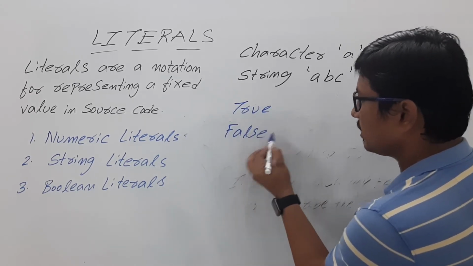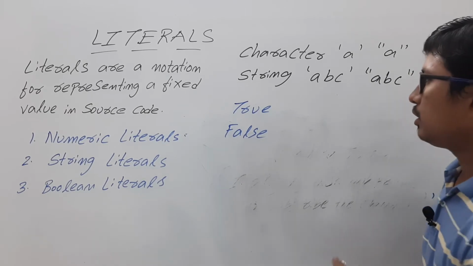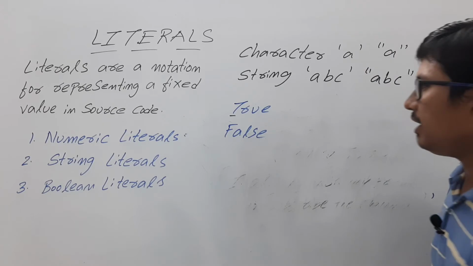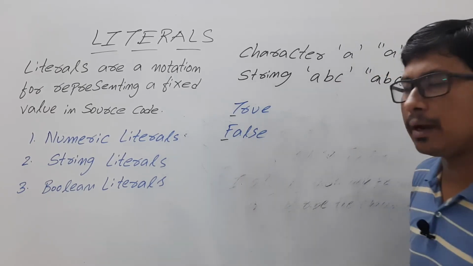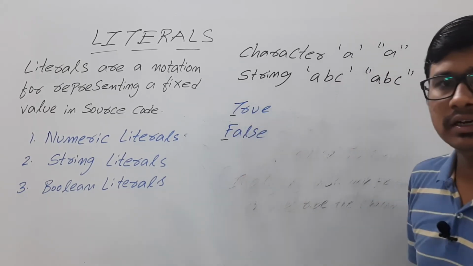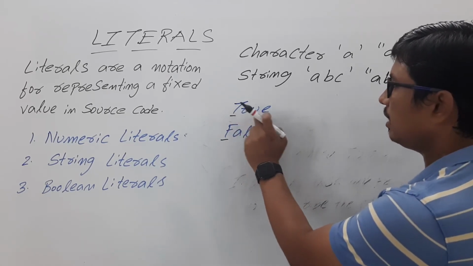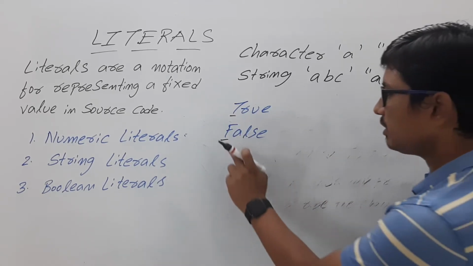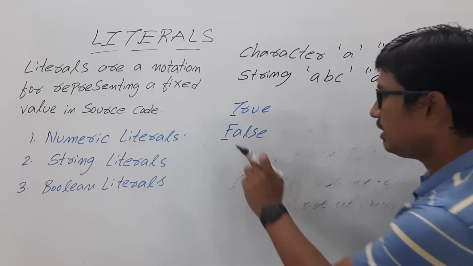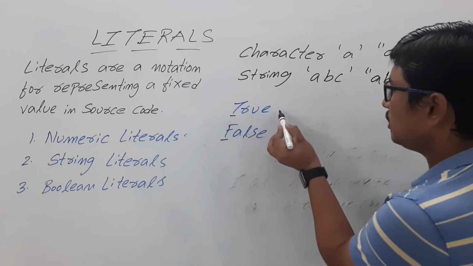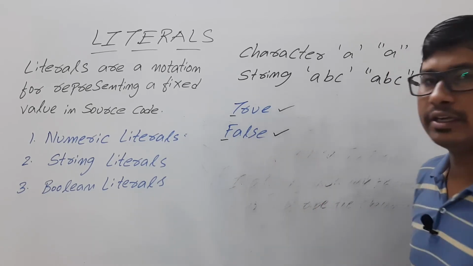Remember one thing: in True, the T should be capital, and in False, F should be capital and all other characters should be lowercase. That's why I have written True. Even in False, I have written the capital F, and A, L, S, E are in lowercase. So the true and the false, I think everyone knows.